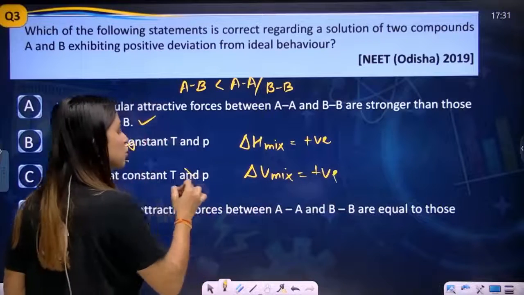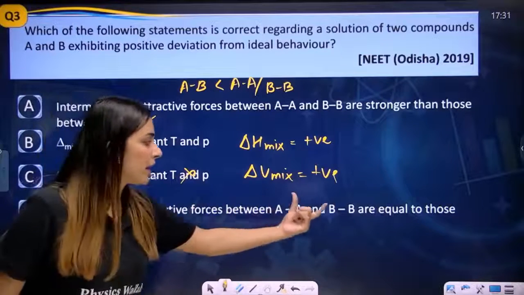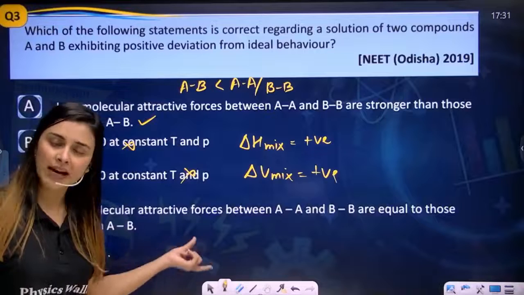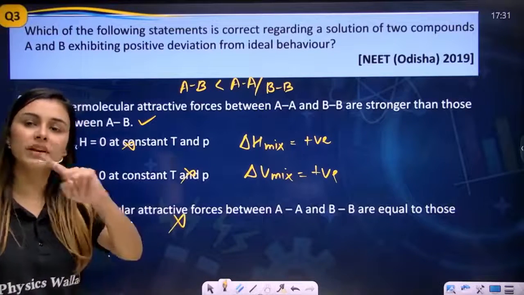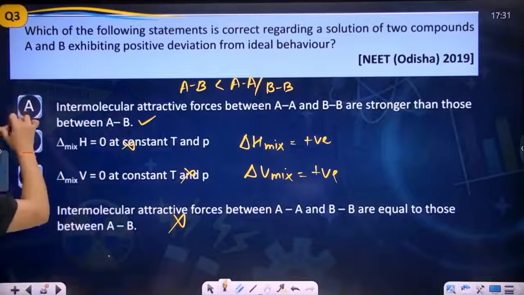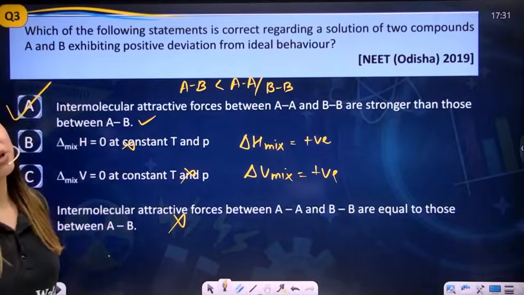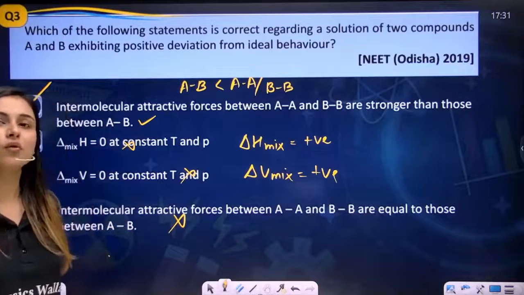So this is also not correct. Intermolecular attractive forces between AA and BB are equal to those between AB? No, this is the case of an ideal solution, not positive deviation. So this is also wrong. Only one statement is correct, which is option A. So option A is your correct answer. I hope you're clear with this concept. Such an easy question. Let's move forward to the next question.